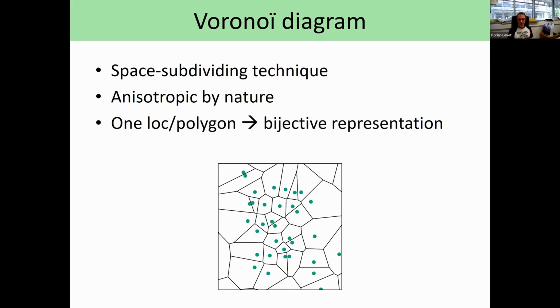And here you just care about the vicinity of your localization. What is really interesting here is that you have one polygon per localization. So you have a bijective representation of the localizations, and that means that you can compute features on the polygons to add them to the localizations.